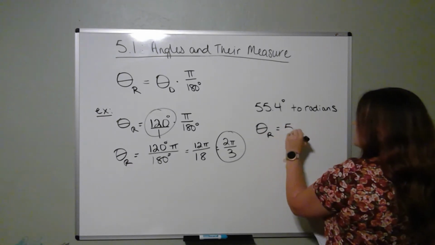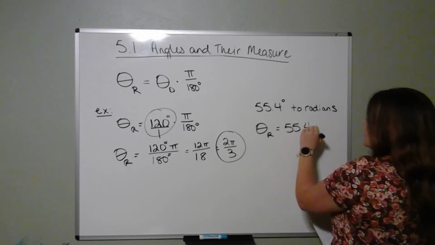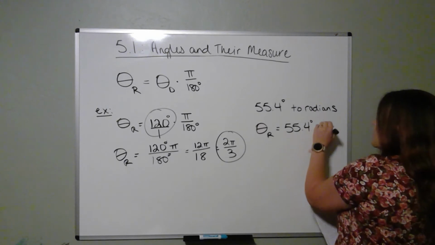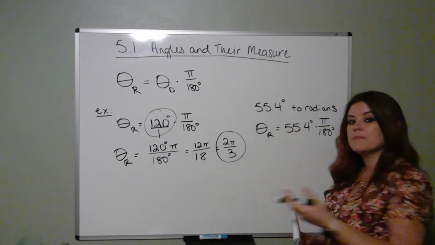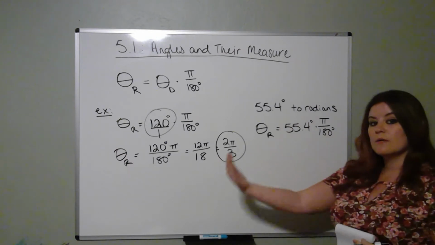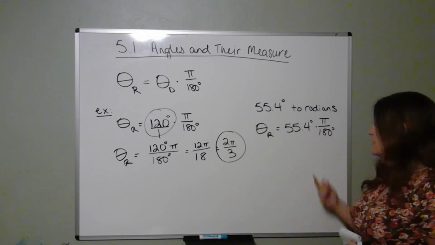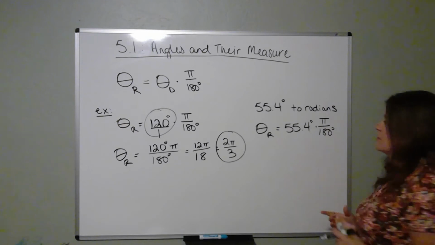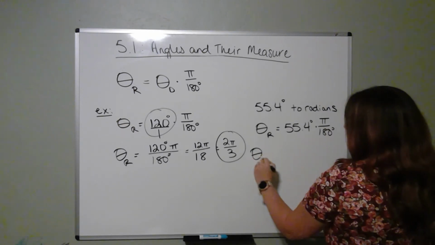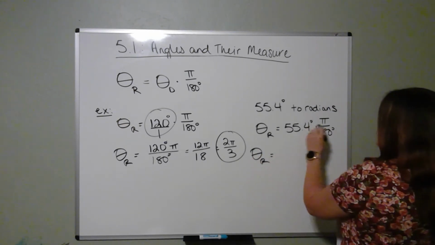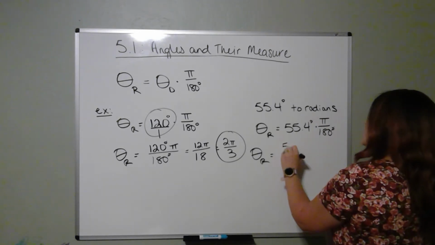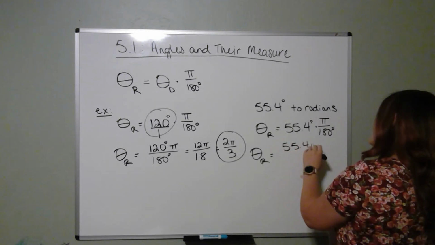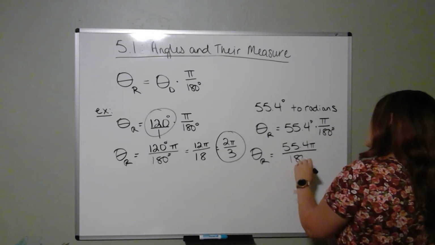So what I'm going to do is take the degree measure and multiply it by pi over 180. I'm putting in a pi, taking out degrees, like putting in radians, taking out degrees. That's how I know which fraction to use. So canceling out the degrees, putting the 55.4 on the top, I get 55.4 pi over 180.